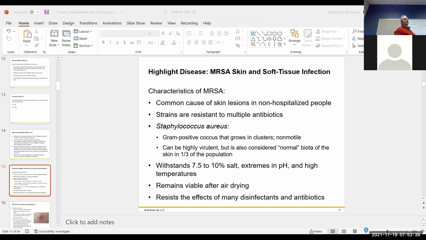There's a type of folliculitis that you get if you've been in a hot tub. And it's called hot tub folliculitis. Hot tub folliculitis is caused by Pseudomonas aeruginosa.